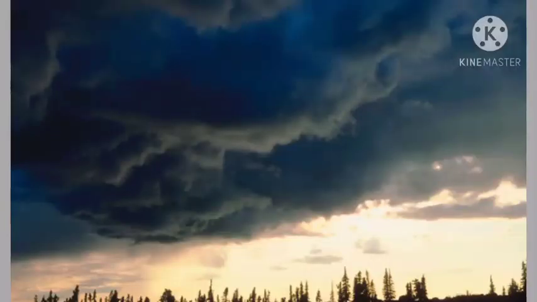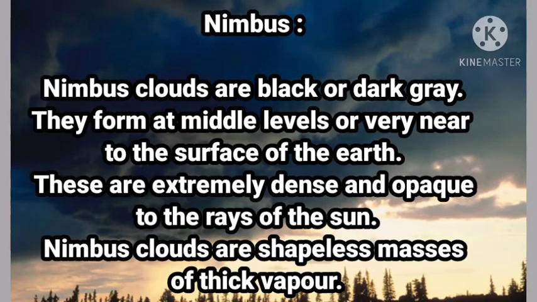And the most important is the nimbus cloud. Nimbus clouds are also included in the low clouds, and nimbus is a term for any cloud from which rain is falling. These are low clouds, dark gray in color. Nimbus is a type of low cloud which often gives continuous rain or snow.